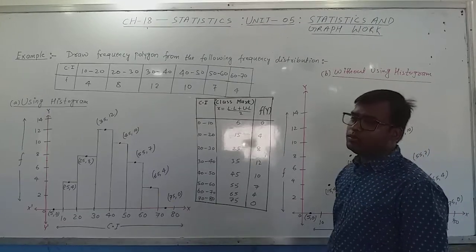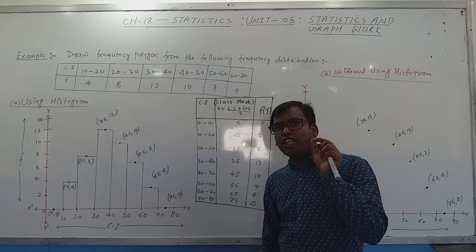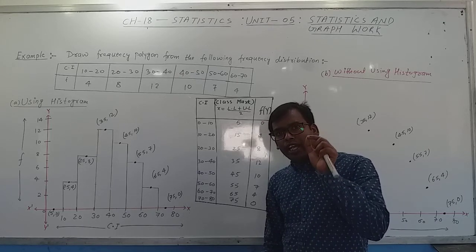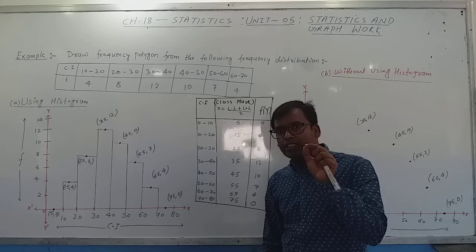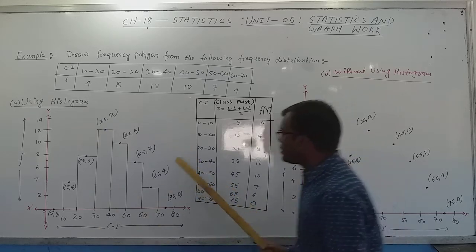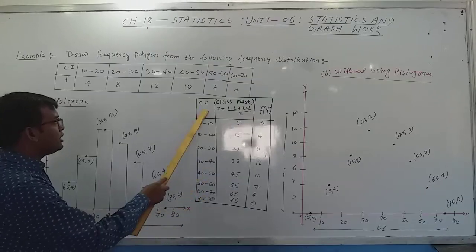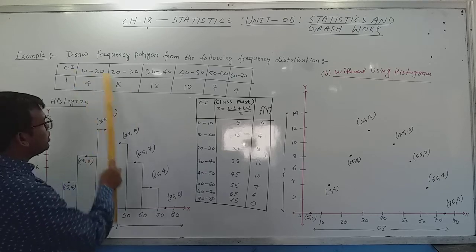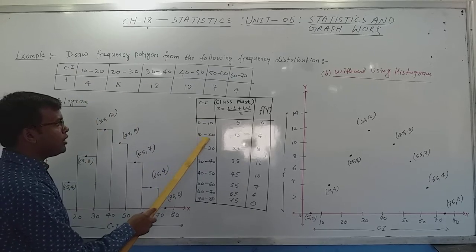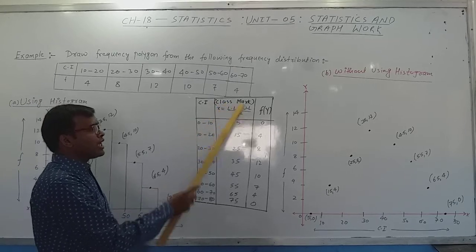And after constructing the histogram, we need to construct x, y data. That means x column and y column data. See here, first we have the class interval. It is not given from 0, but I have considered 0 to 10, 10 to 20, up to 70 to 80. And the second column is the class mark.